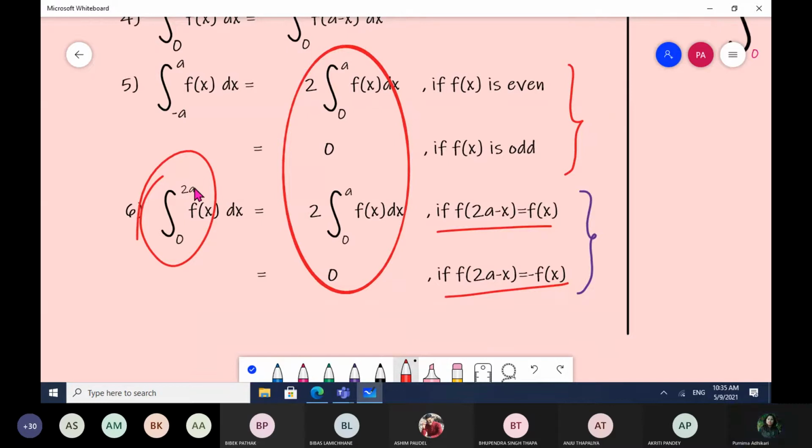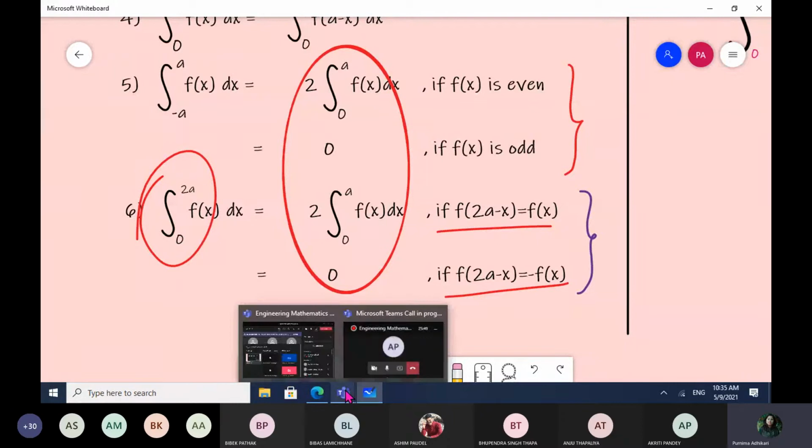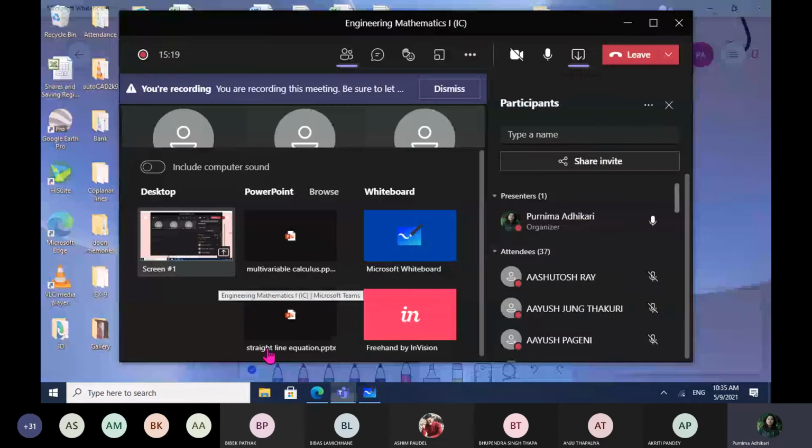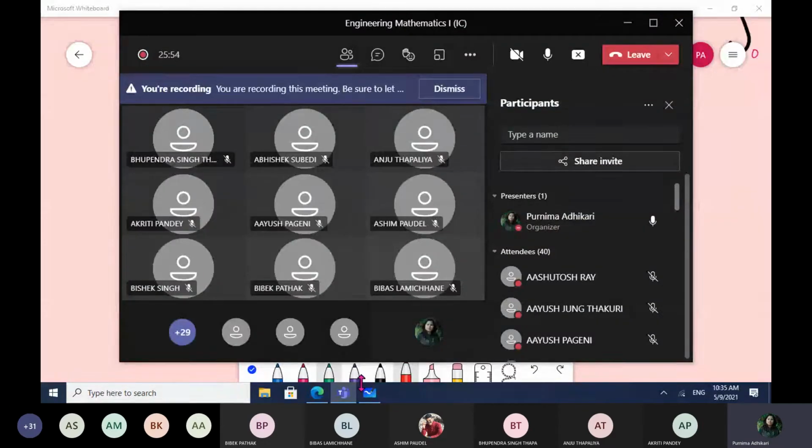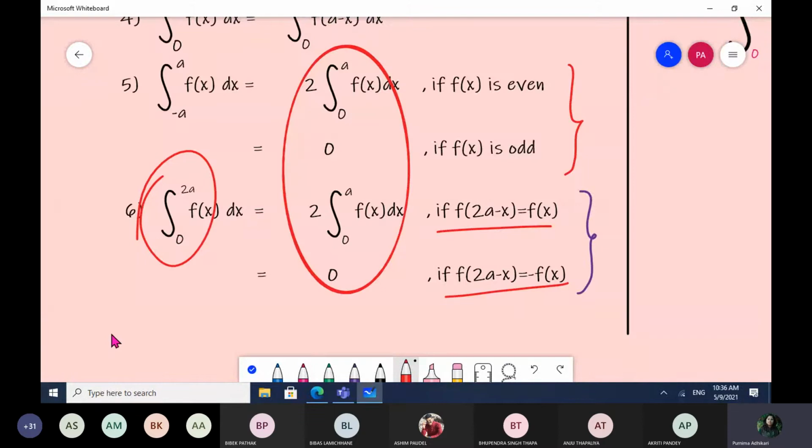So the integral from 0 to 2a of f of x dx will give you 2 times the integral from 0 to a of f of x dx if, what is the condition? If f of 2a minus x is equal to f of x.